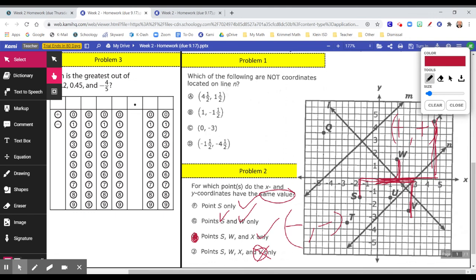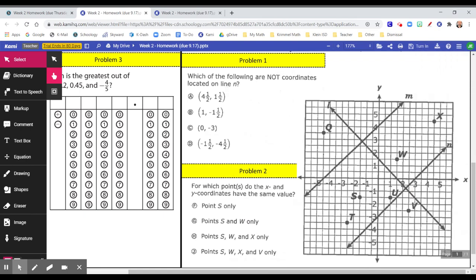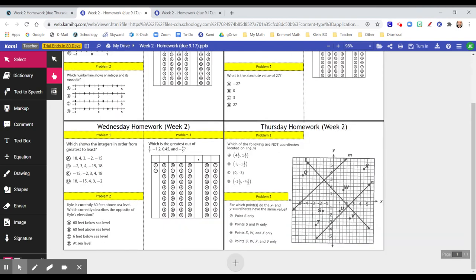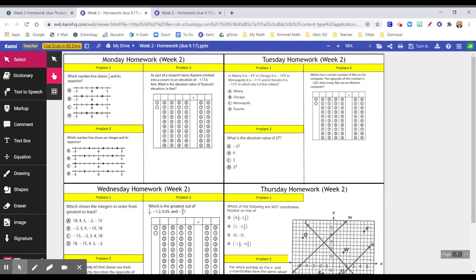Okay, so make sure you show your work. If I'm showing work on this homework assignment, that's what I'm going to be looking for once you turn it in. Once you have your work finished, you have to answer it on Thursday. You can turn it in early, but it is due Thursday by midnight, or 11:59 Thursday night.